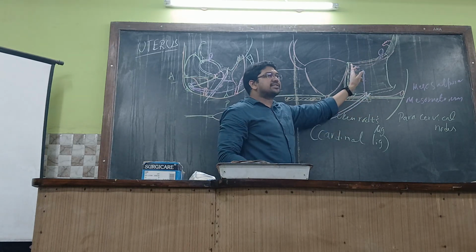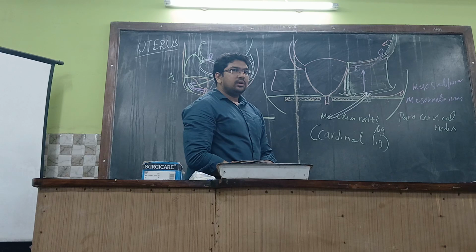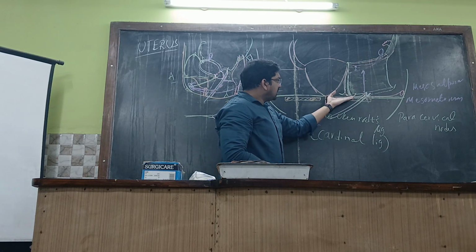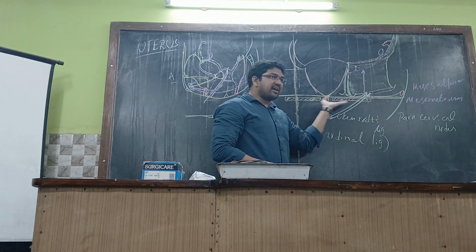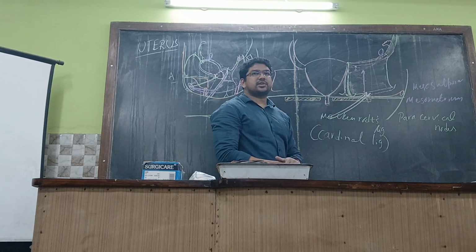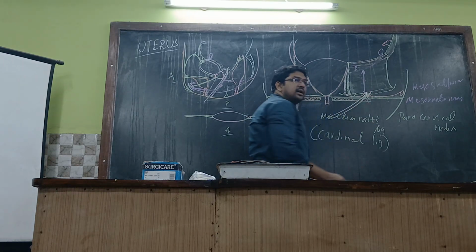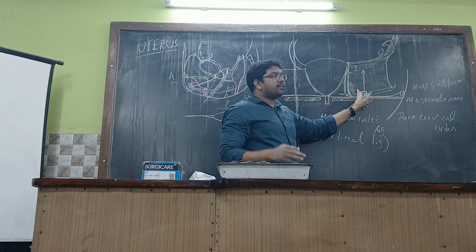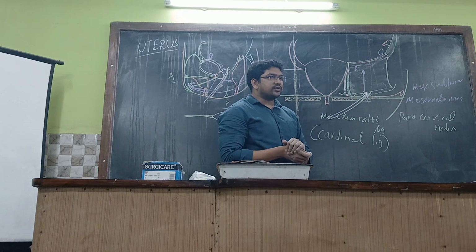That leads to extravasation of the urine into the pelvic cavity. Or if the doctor clamps the ureter along with the uterine artery by mistake, what will happen? It will land up in hydronephrosis also.